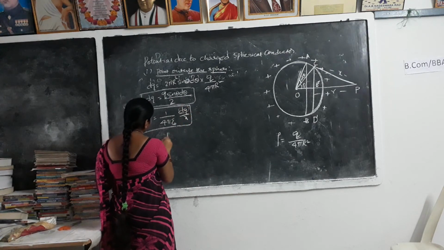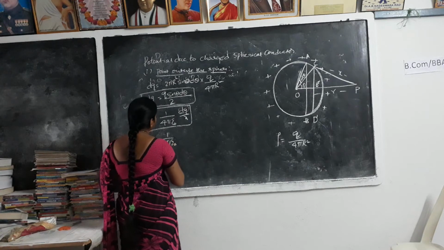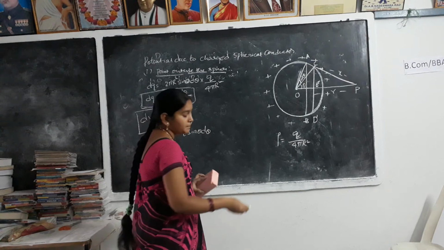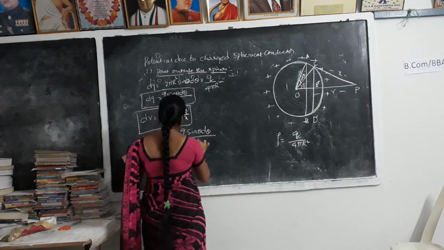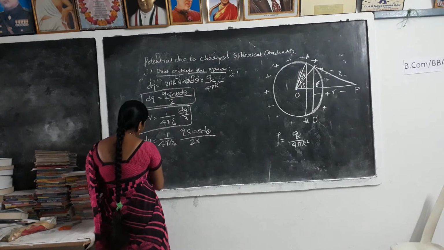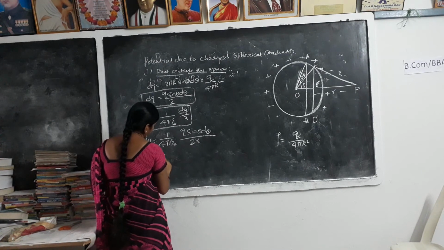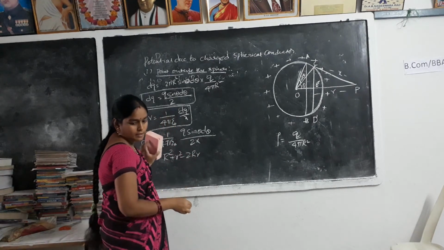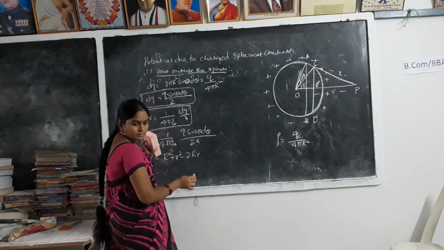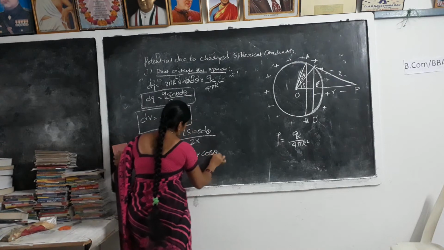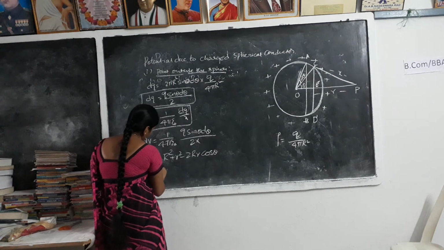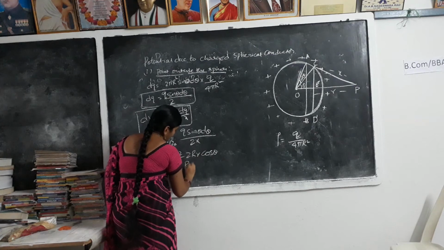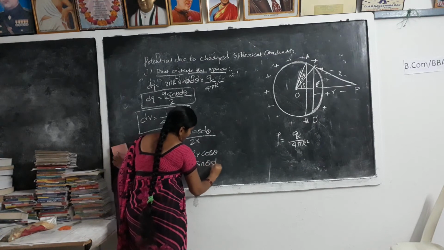Then dV equals 1 by 4 pi epsilon Q sin theta d theta by 2x. Also we have x square equals R square plus small r square minus 2Rr cos theta. On differentiating this equation, 2x dx equals minus minus sin theta, that is 2Rr sin theta d theta.